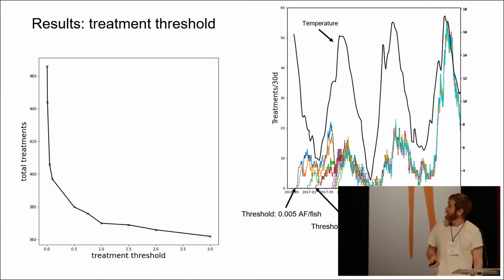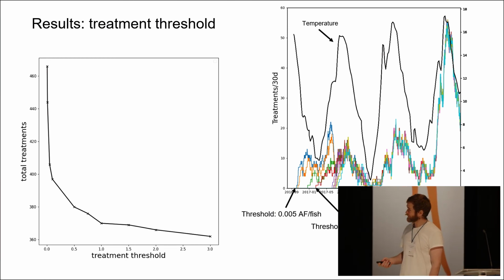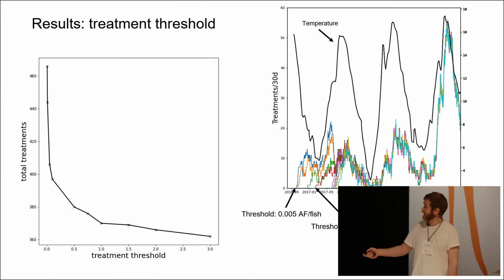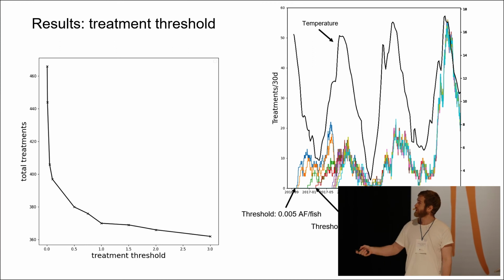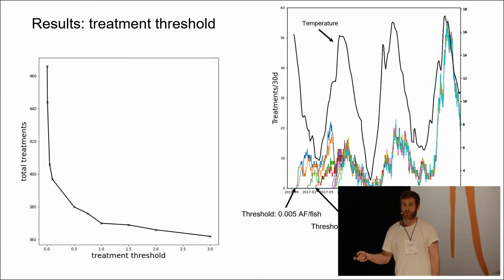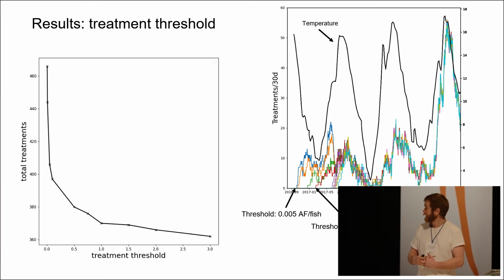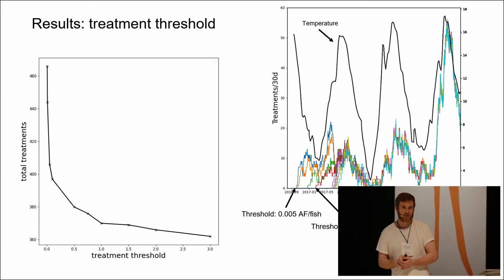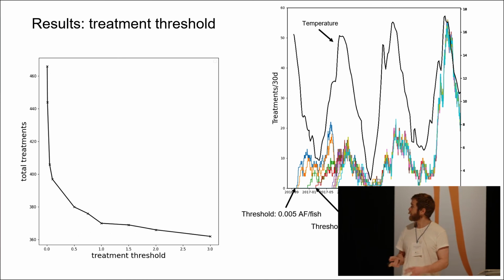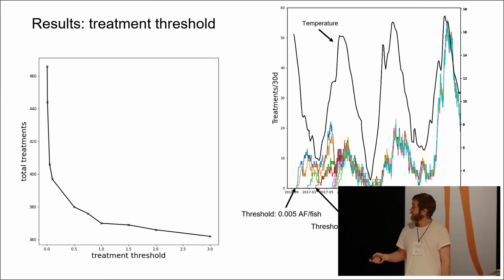We can expand on this further. So in some sense, if you look at this graph, you can say, okay, if we go too low in treatment threshold, so down here is 0.005, even though the lice counting system wouldn't allow that low of a treatment threshold at the moment. But if we went down here in the model, yes, it looks like we have a lot more treatments.